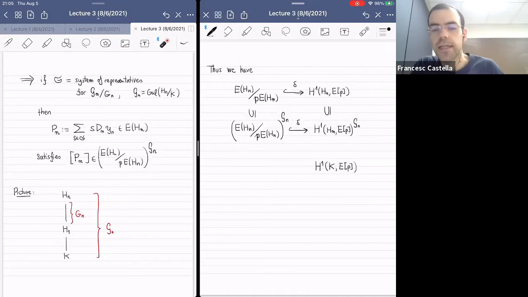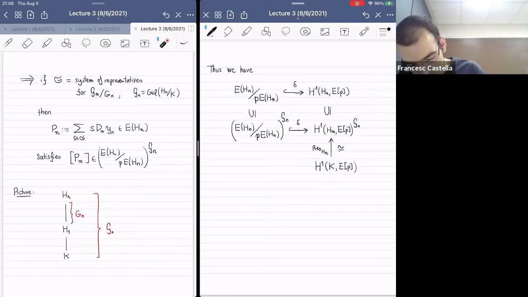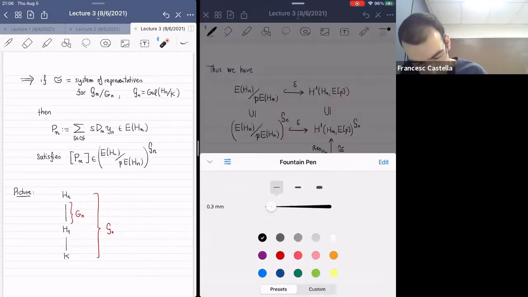And we've already seen that whenever we have a subgroup, we can take the natural restriction map in Galois homology. So certainly there is a natural restriction map, which typically has some kernel and cokernel. But in our case, given our hypothesis on P, this is going to be an isomorphism. So this map here is restriction to Hn, and this is an isomorphism.